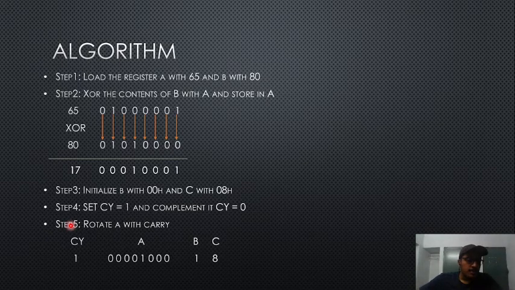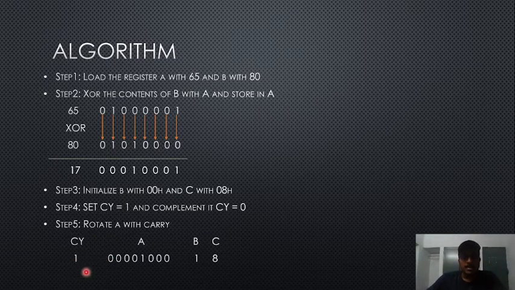Here we take the carry flag along with the accumulator content, and we right shift all the bits of the accumulator along with the carry flag. What happens is the most significant bit of the accumulator goes to the carry flag, and the carry flag goes to the least significant bit, LSB.